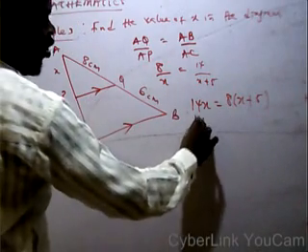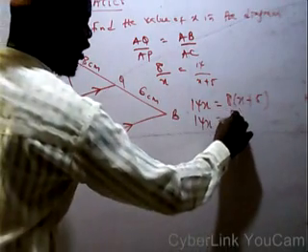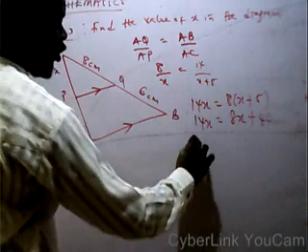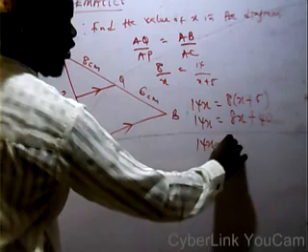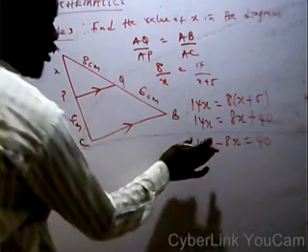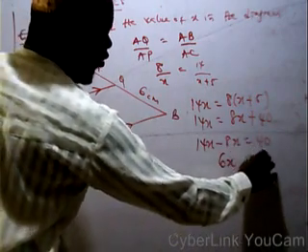So we have 14x equals 8x plus 40. Collect like terms: 14x minus 8x equals 40, right? What is 14 minus 8? That is 6x, and that is 40.